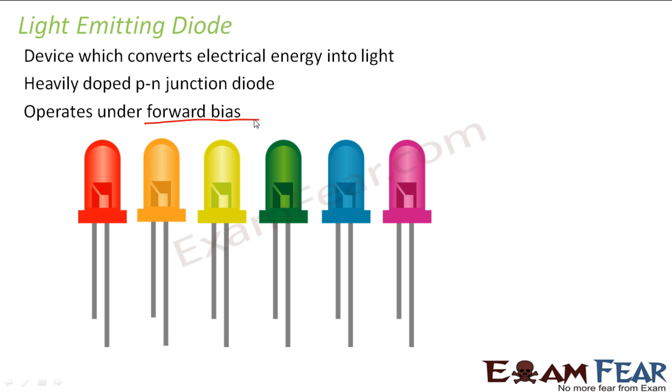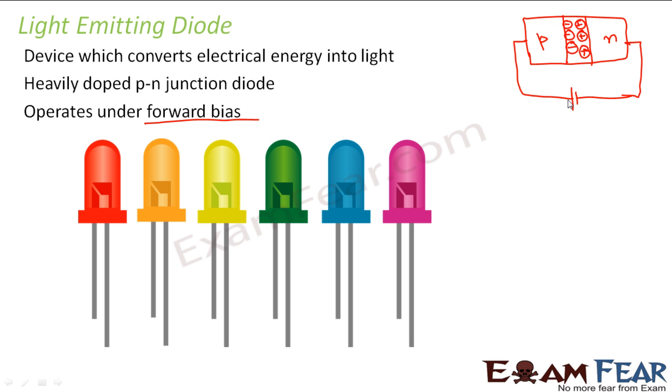So what happens under forward bias? Let us suppose this is the PN junction and this is my depletion region. Now what happens when it is forward biased? Forward bias always encourages flow of majority charge carriers, right?